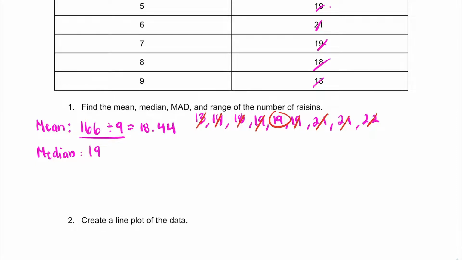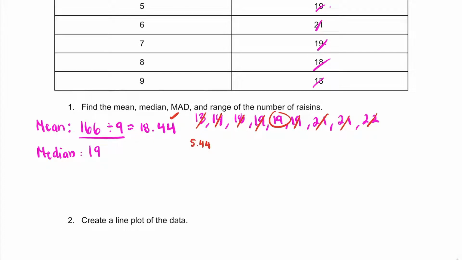Now I'm going to find the MAD. Remember, the MAD is a 3-step process. The first step was to find the mean, which we did. Now we're going to subtract each data point from the mean to see those differences. I'm going to write these down so I have them ready to add for my final step. 18.44 minus 13 is 5.44.